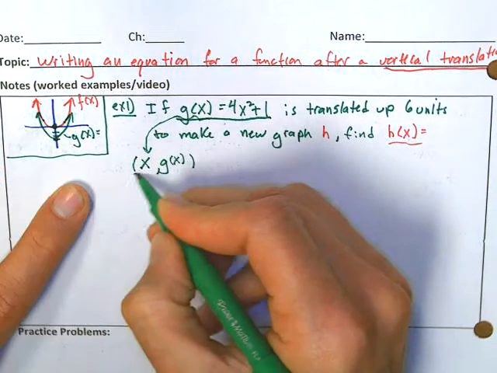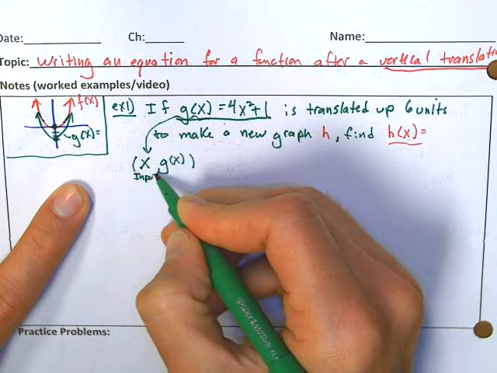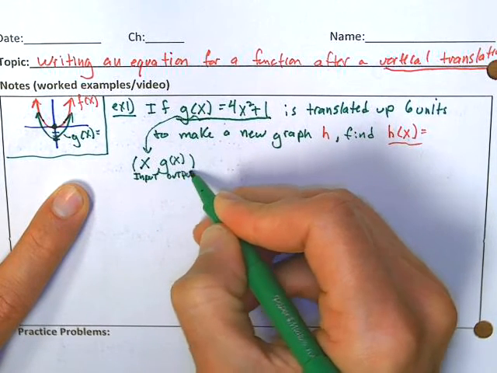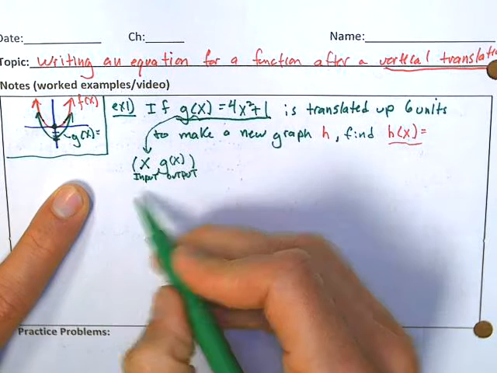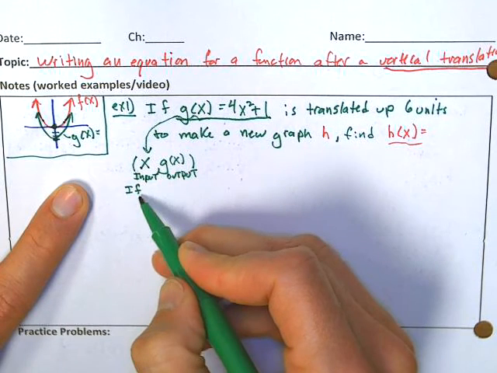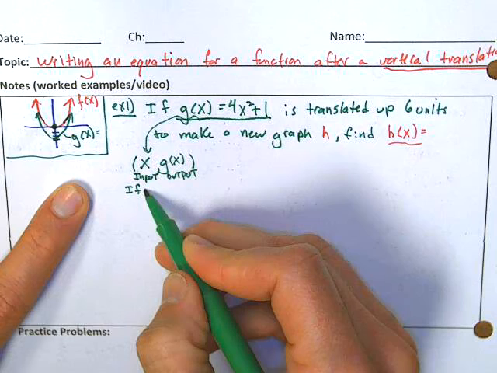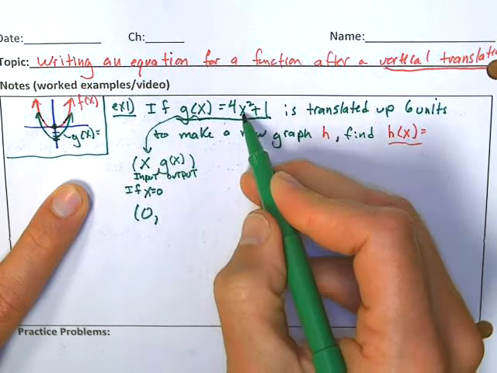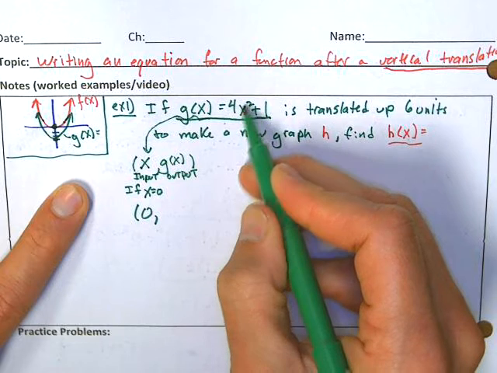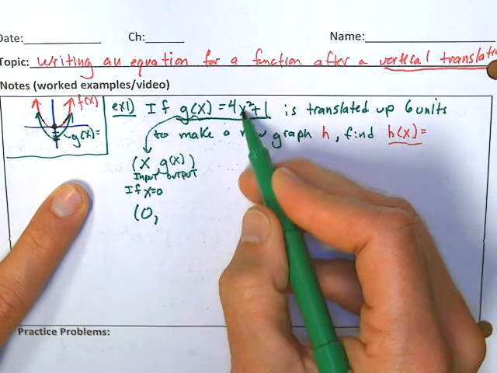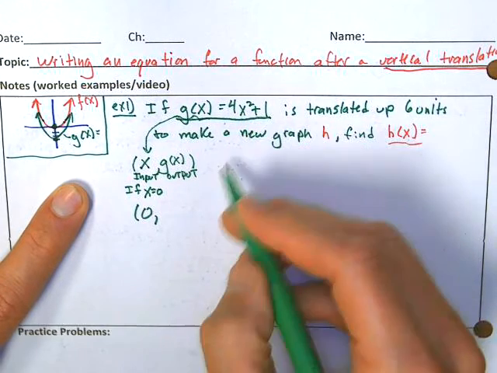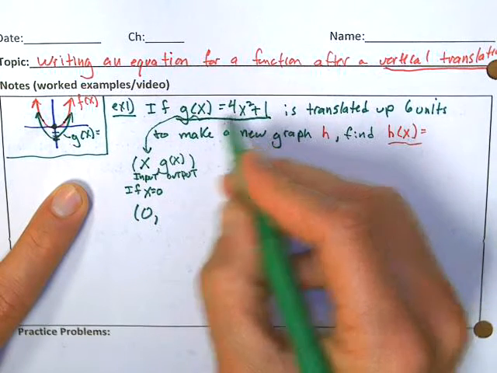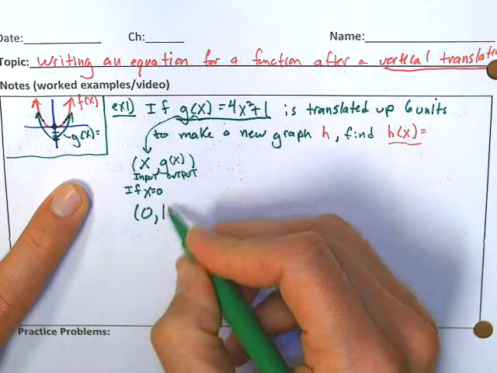We plug in x values and we get out these outputs called g of x. For example, let's pick something easy. Let's let x equal 0. We would have 0, comma, and if I plug in 0 and square it, that's 0, times 4 is still 0. 0 plus 1 would be 1. So if I plug in 0 for my function g of x, I would get out 1.